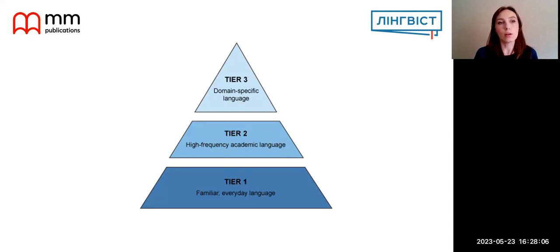Students will encounter the second tier words across multiple content areas. So it is important that they understand their meaning. So the students will frequently encounter these words in written texts.